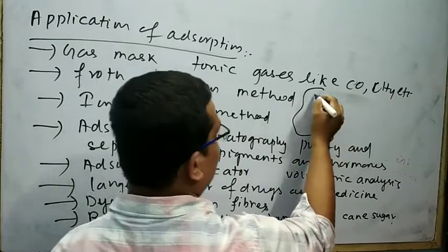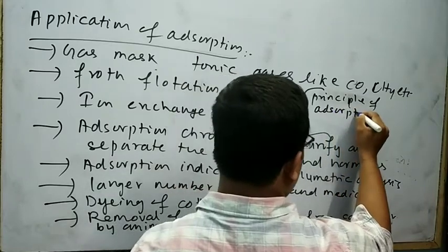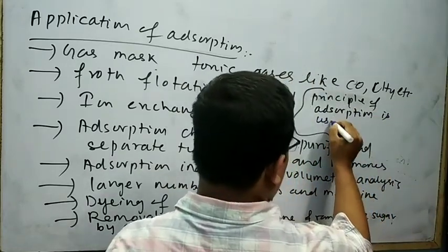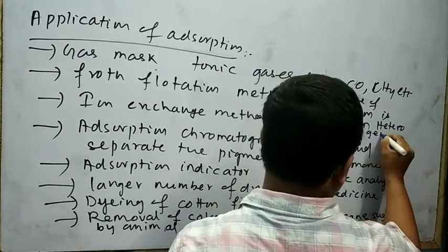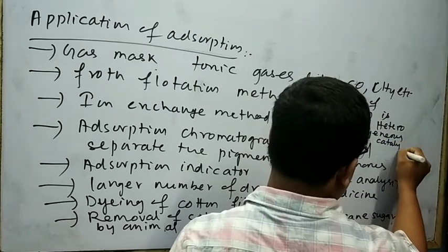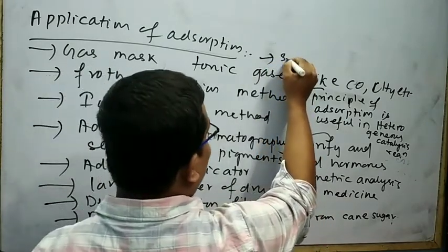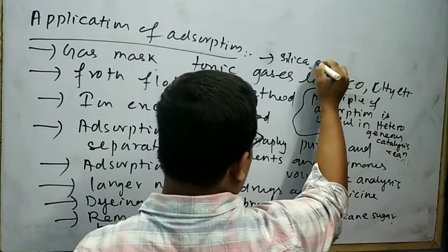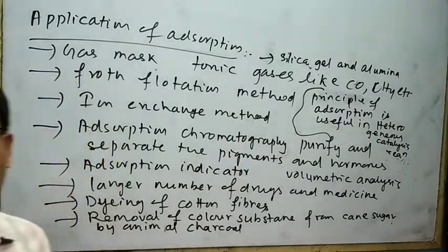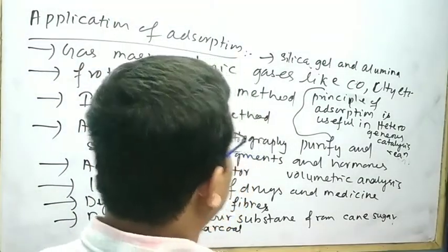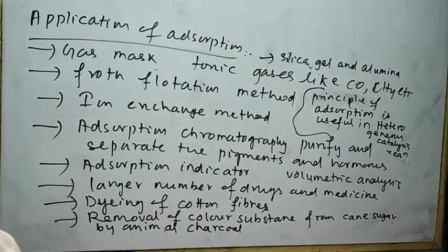Next application is that the principle of adsorption is useful in heterogeneous catalysis reactions. Next application is that silica gel and alumina are used to remove moisture and humidity from the air. This is also based upon adsorption. These are the different applications of adsorption.